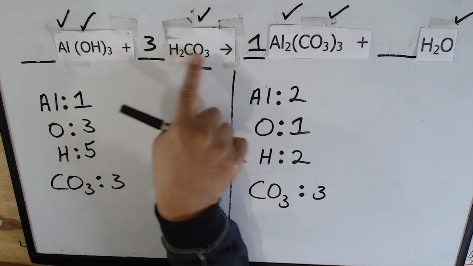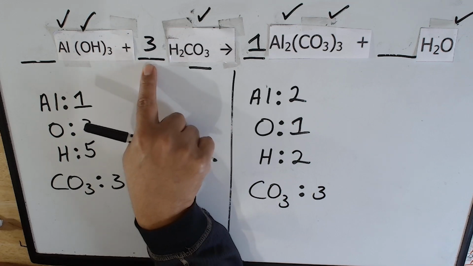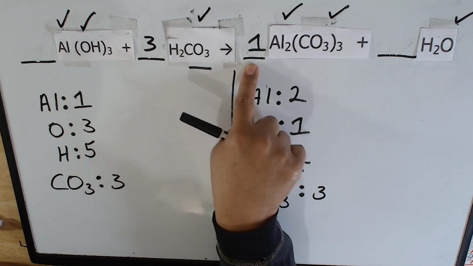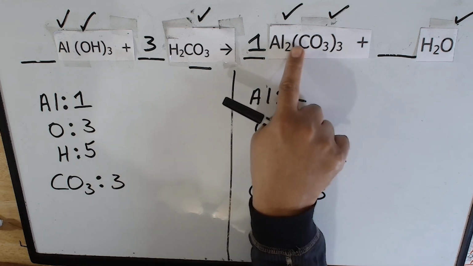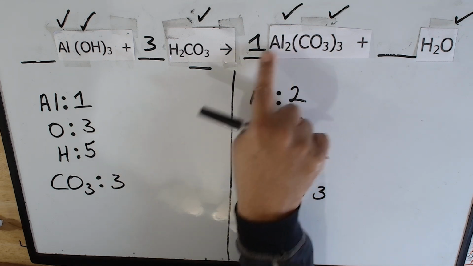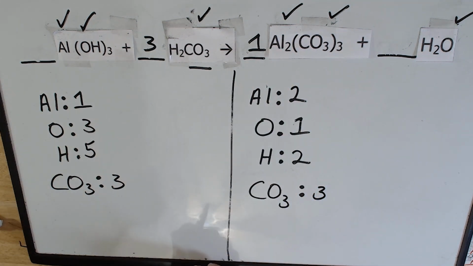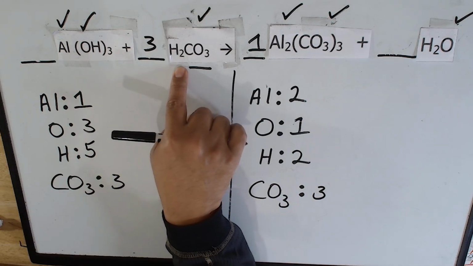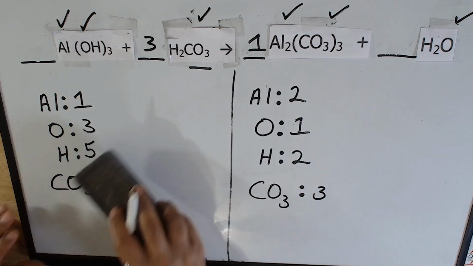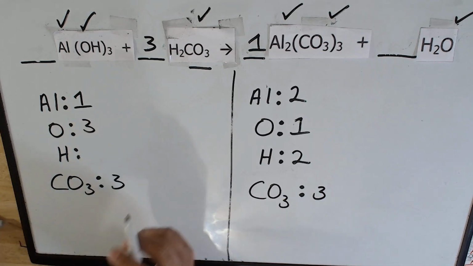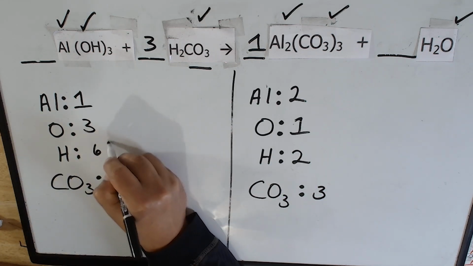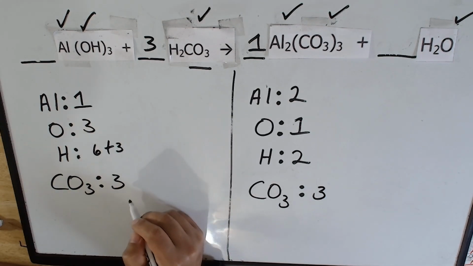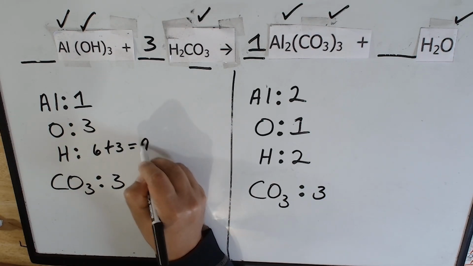I'm going to continue with this compound because this 3 is going to make a change for the hydrogens. This 1 is not going to make too much of a change for the aluminums. So 3 times 2 gives me a total of 6 hydrogens plus 3 from here gives me a total of 9.